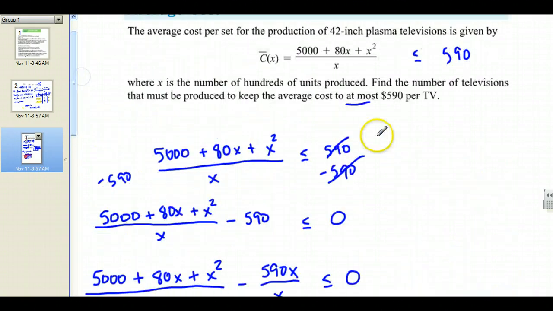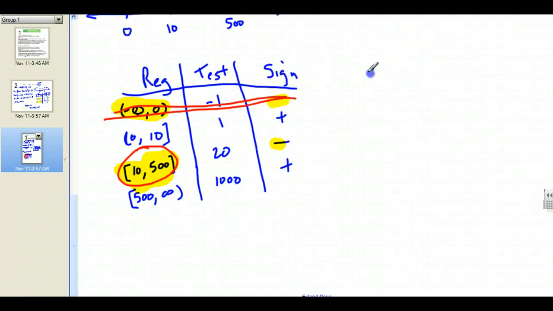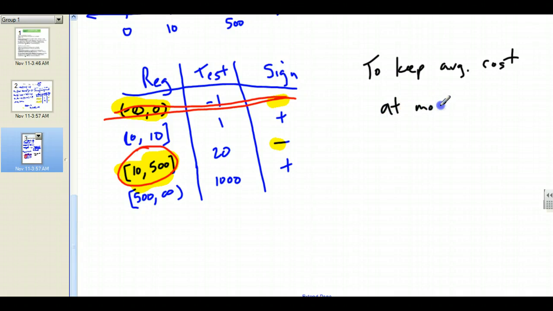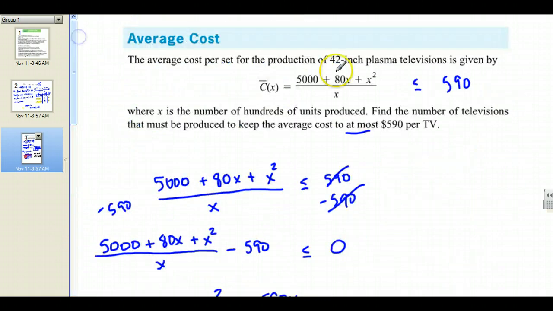So to keep our cost at most $590 per TV, we have to set production, make sure it's not in hundreds or anything.